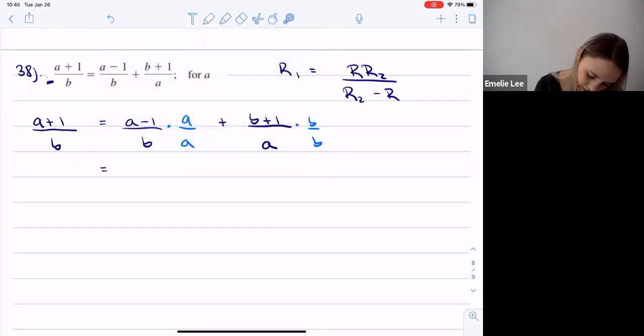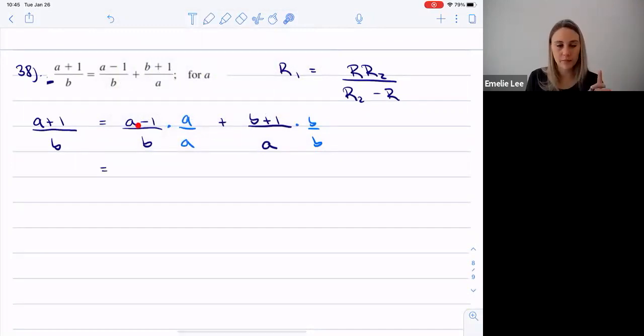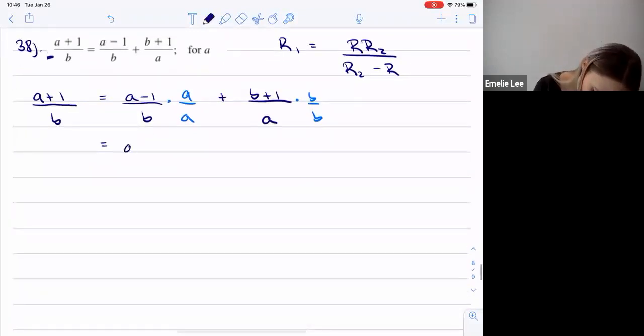So this becomes now, be careful, a minus 1 times a, right? I'm going to keep it as a times a minus 1 for now. I might end up expanding it out, but for now, let's just keep it as a times a minus 1 over ab, plus b times b plus 1 over ab.